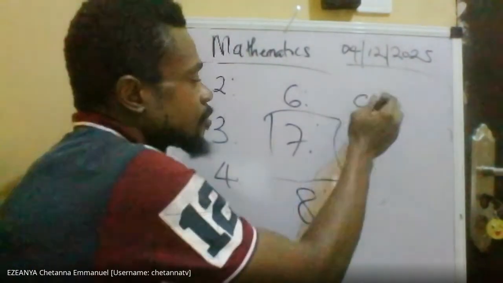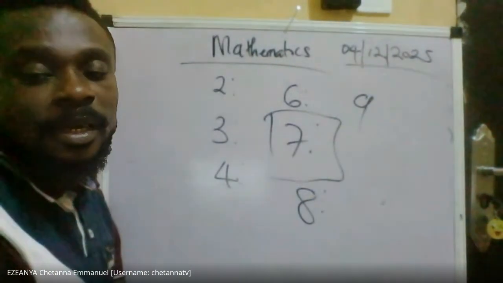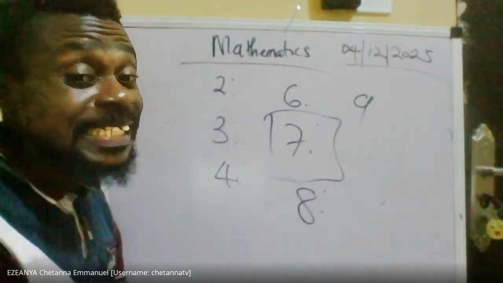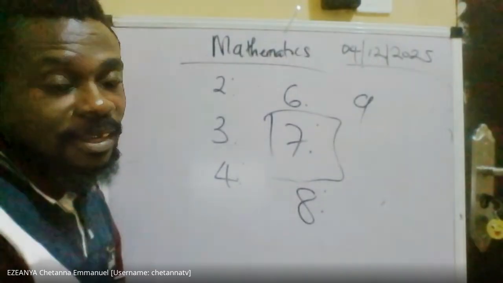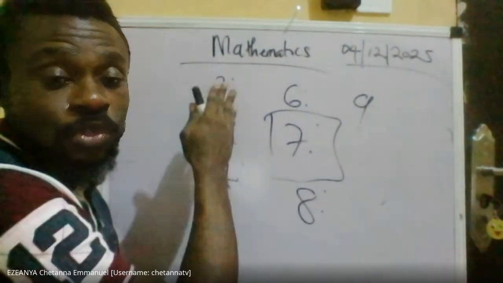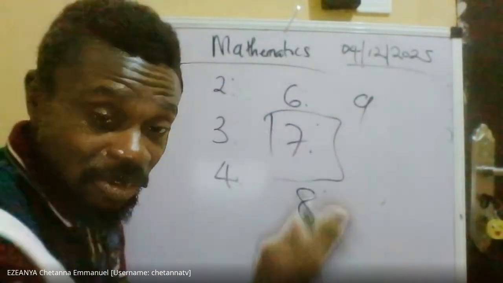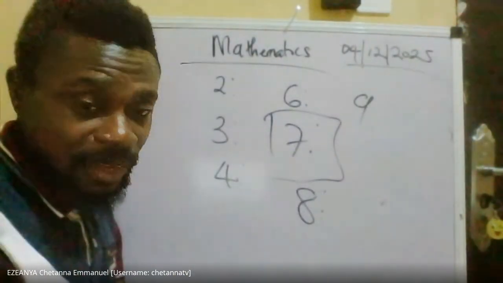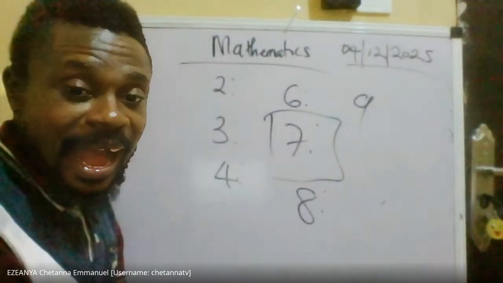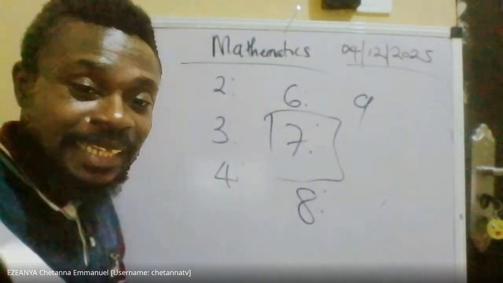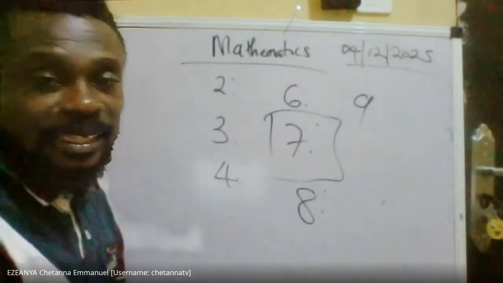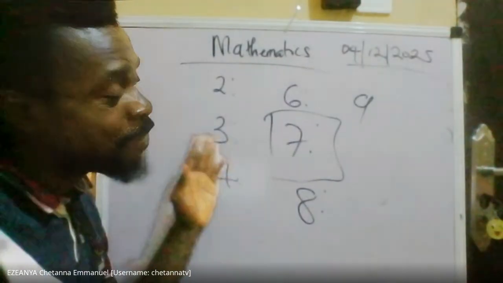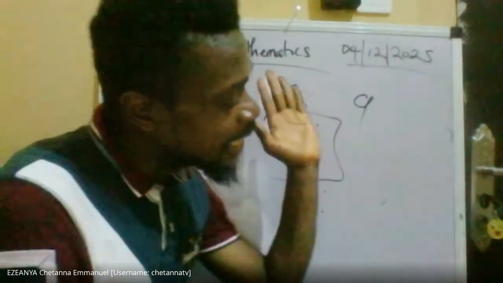Now 9. How do you know 9? If you see a number, take the sum of all the digits of that number. What I mean is this: if you are given a number, add all the digits in that number.